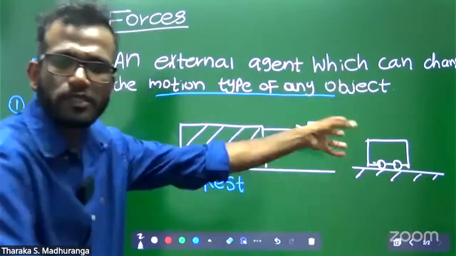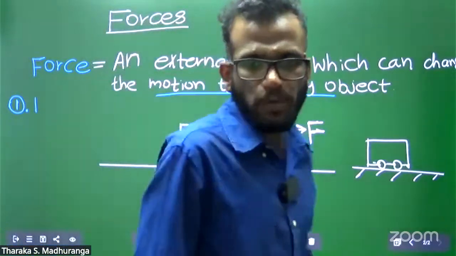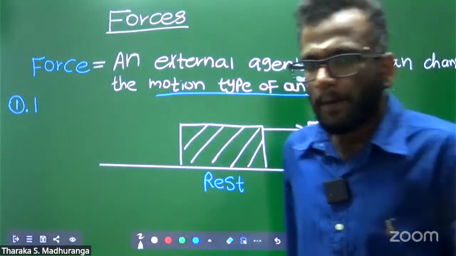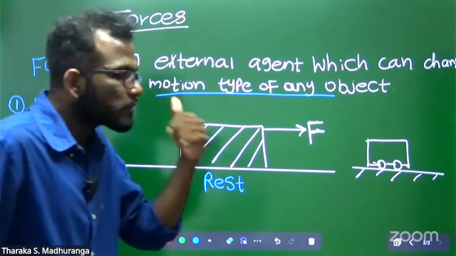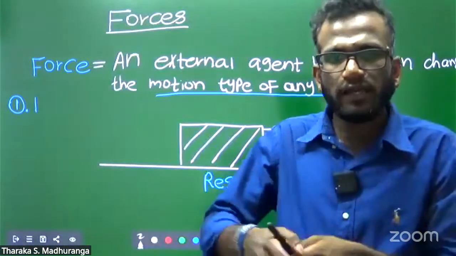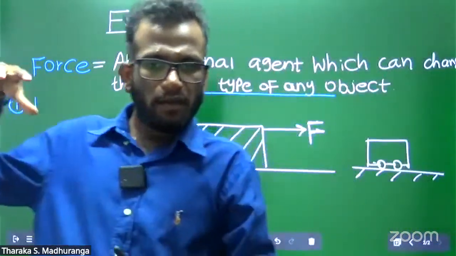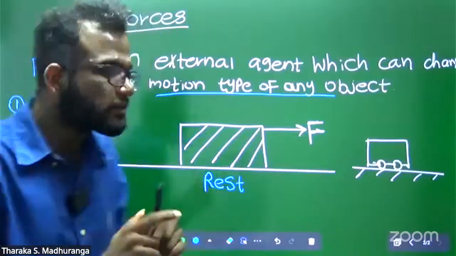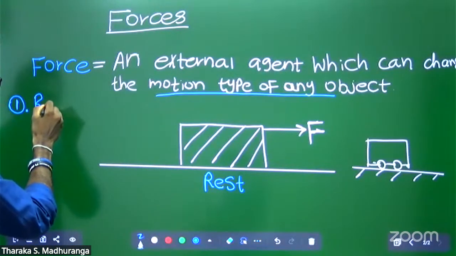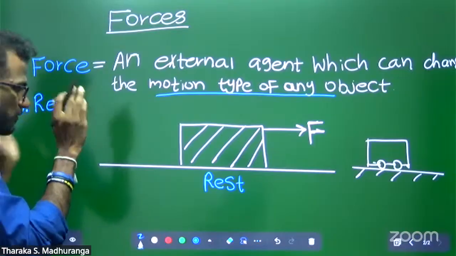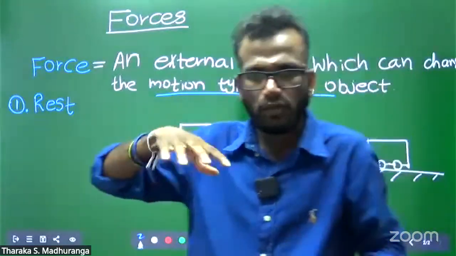How many motion types for this bus? The first one: think the bus is in the stand. Now it is at rest. Rest is one motion type. That means the object is not moving. It is static.